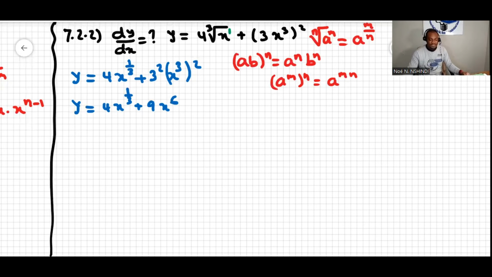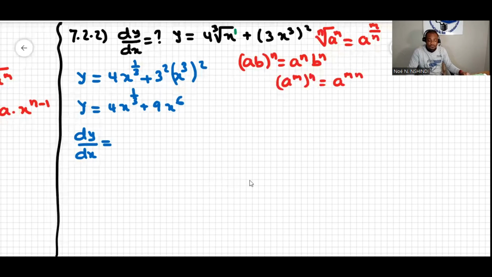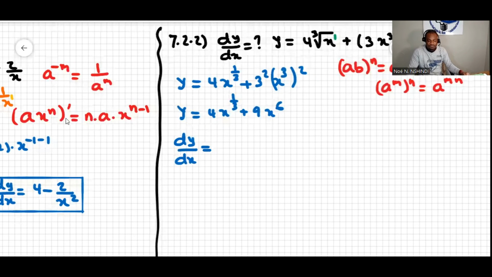Okay, now we can work out dy/dx. The derivative here will be like I'm going to differentiate this term and then differentiate this other term, following the same formula used here.